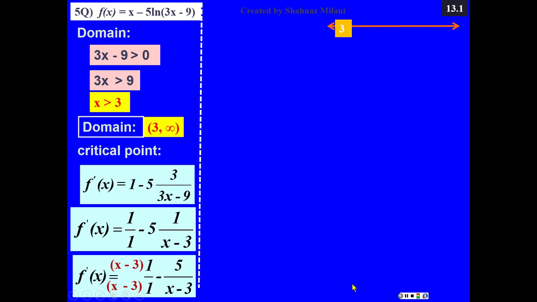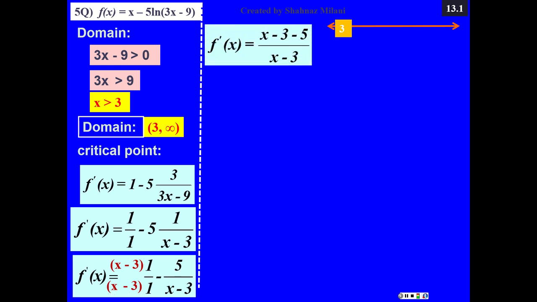Then, from here, I'm going to get the common denominator, and then the top is going to be x minus 3. x minus 3 times 1 is going to be x minus 3, then minus 5, which I get x minus 3 minus 5. Now, remember, you cannot reduce this minus 3 by this minus 3.